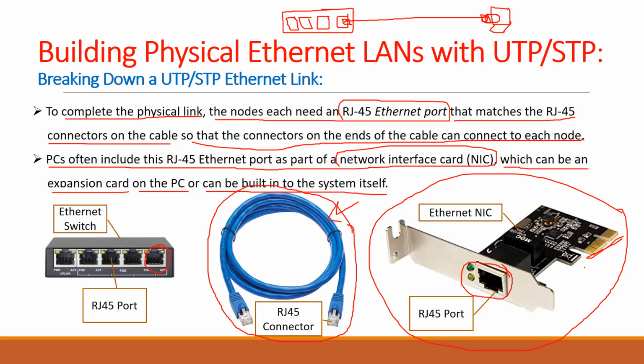This slot is implemented in the motherboard, and it can be used for networking as a network interface card. And of course, it's an Ethernet network interface card. If you have a laptop, it has two types of cards, wired and wireless. You can use the laptop here for wired using its RJ45 port instead of this PC.